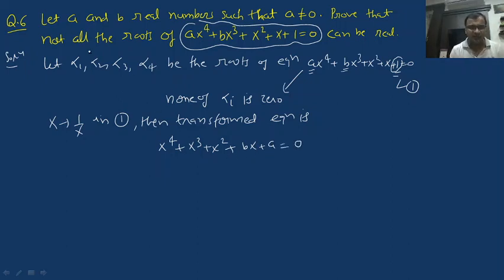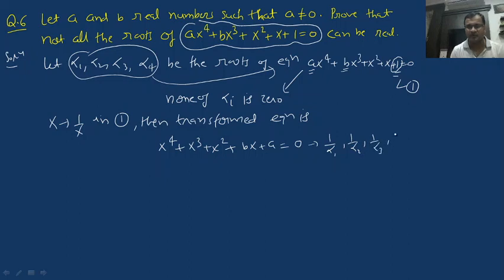This is the transformed equation. If alpha 1, alpha 2, alpha 3, alpha 4 are the roots of the parent equation, then this transformed equation has roots 1 upon alpha 1, 1 upon alpha 2, 1 upon alpha 3, 1 upon alpha 4.